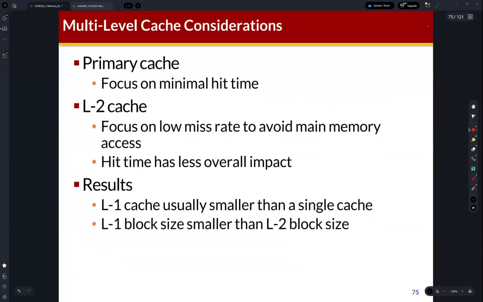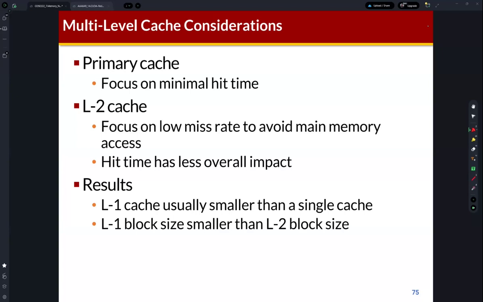So what is the benefit of the multi-level cache? The benefit is that, I mentioned that the caches are much faster than the main memory, right? But we can also use a larger cache.